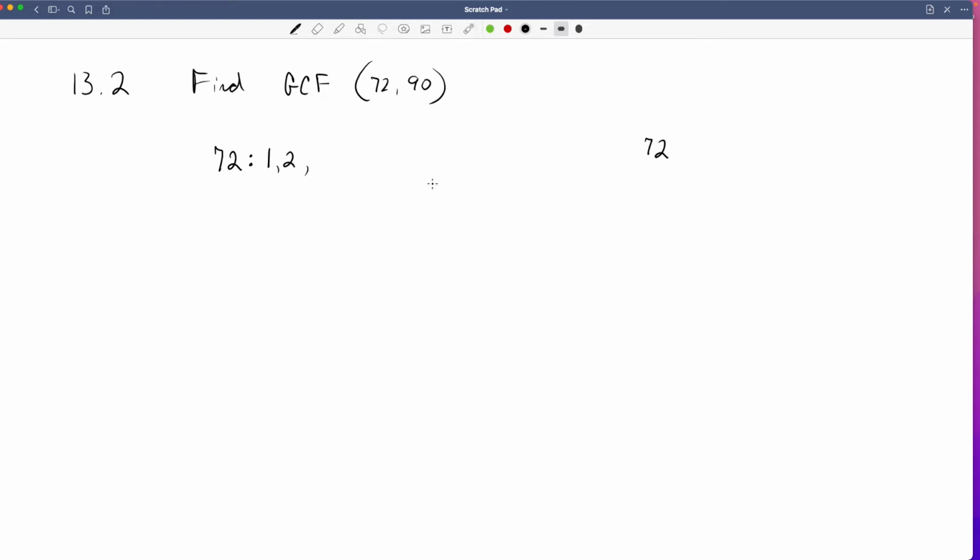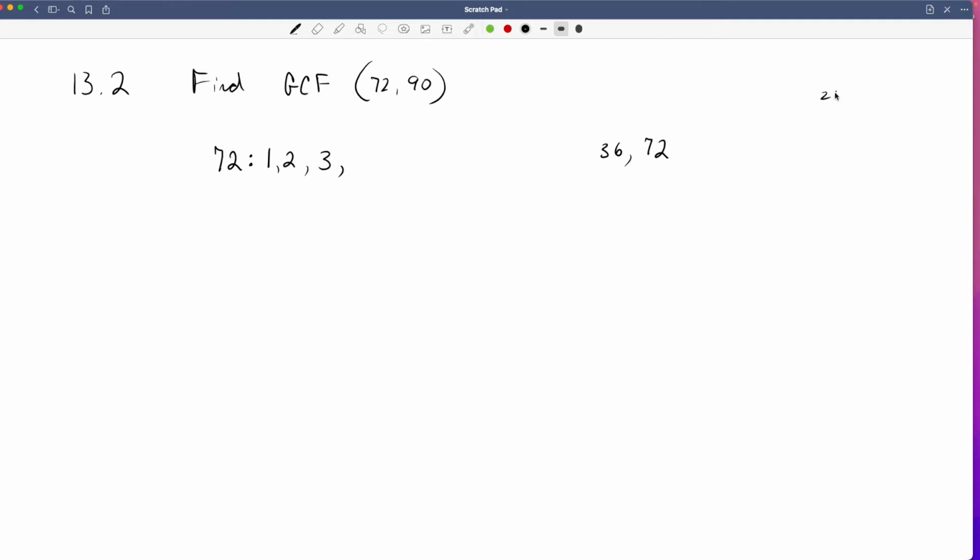oh, let's see. Oh, my brain just shut down momentarily. I know this. 36. 2 times 36. That's what it is. All right, and then we also have 3 times, let's see, that would be 14 or 24.